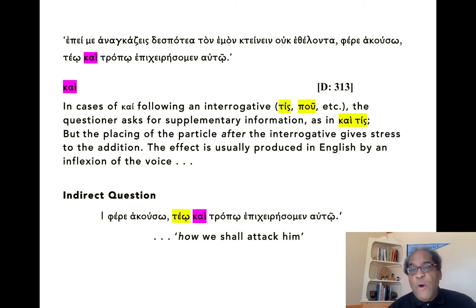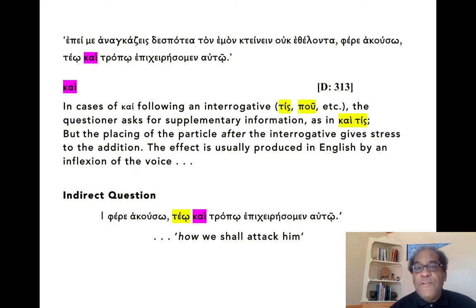First, I just want to remark that I only, literally a while ago, realized this akouso here is actually a first aorist subjunctive of the first person. So it's a hortatory subjunctive. Come, let me hear.